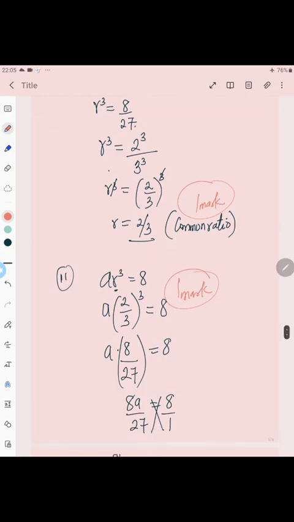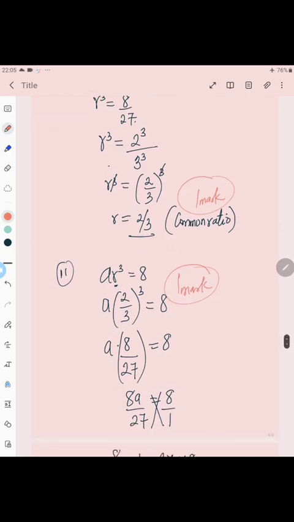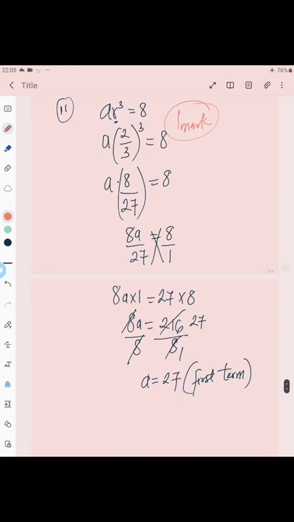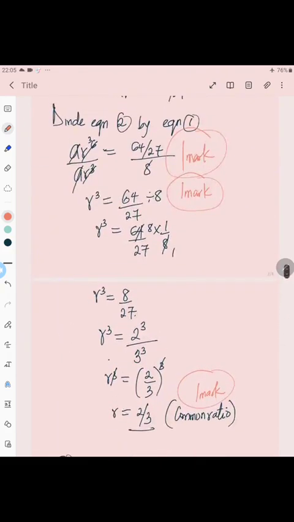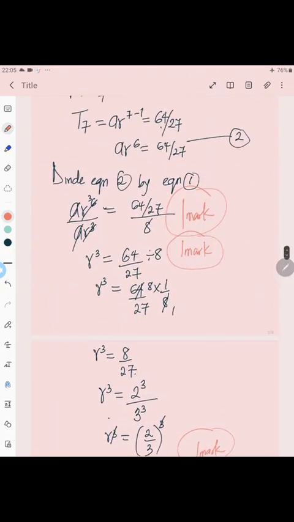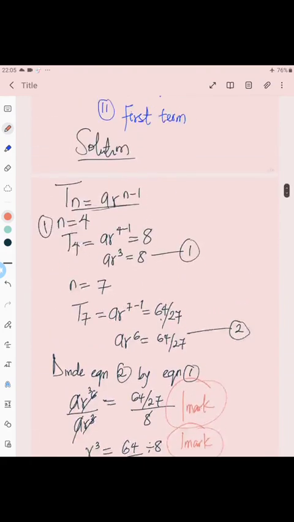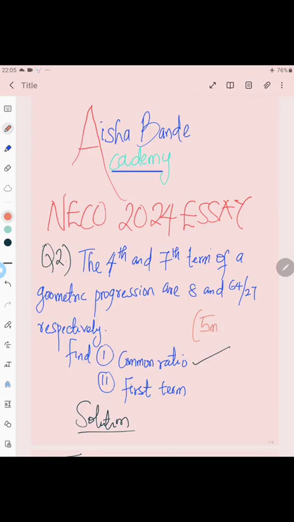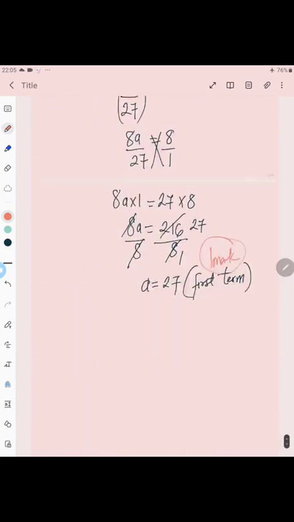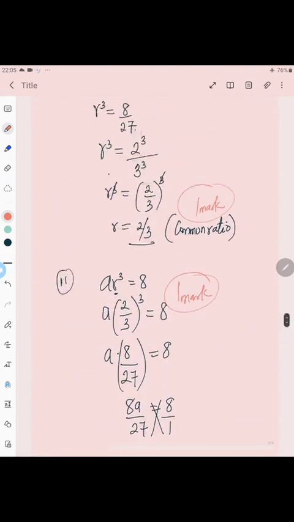And getting the value of A to be equal to 27 gives us another 1 mark. So we have 1, 2, 3, 4, 5. The total number of marks allocated is 5 marks. This is the marking scheme according to the examination body.